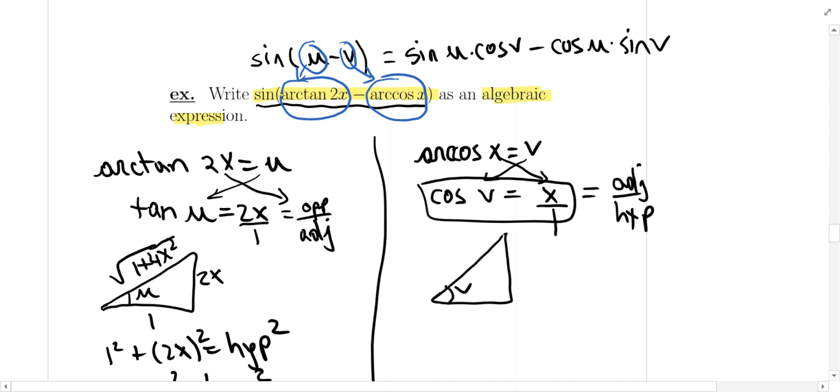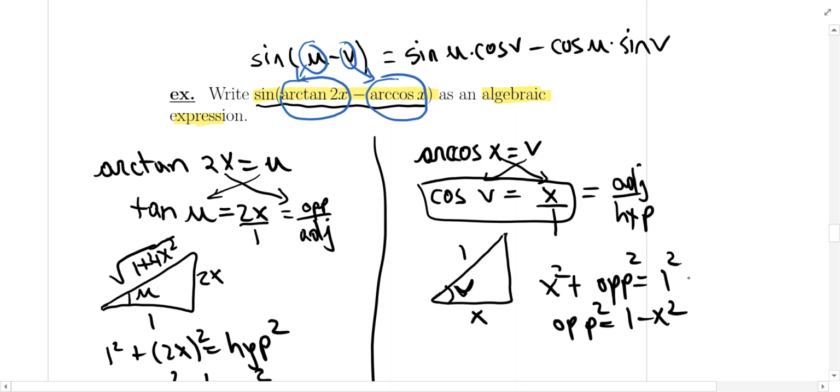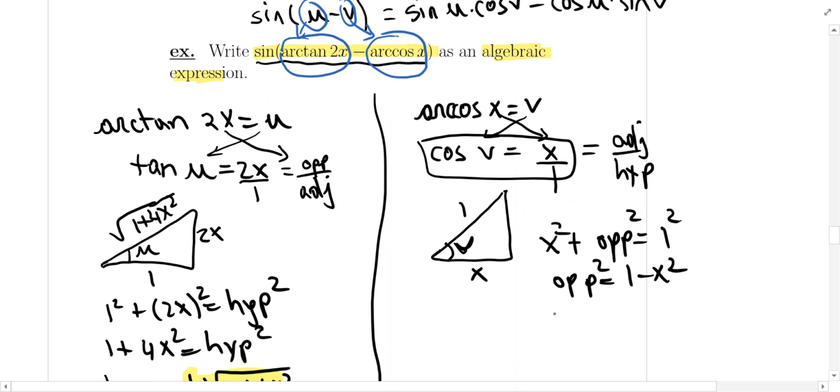This gives me that adjacent to v is x and hypotenuse is 1. So I can solve for opposite in here using the Pythagorean theorem. So x squared plus opposite squared equals 1 squared. Solving for opposite, I get that opposite squared equals 1 minus x squared. And then opposite equals plus or minus square root of 1 minus x squared.